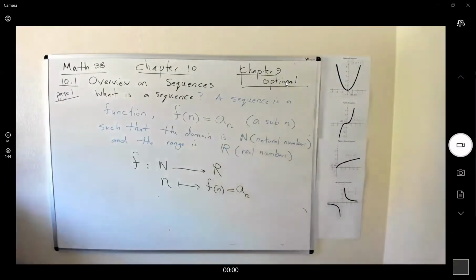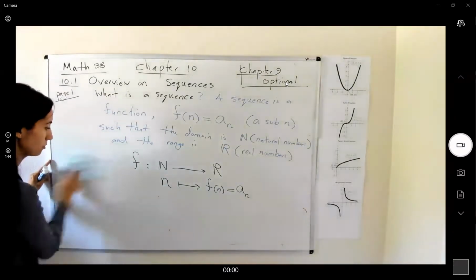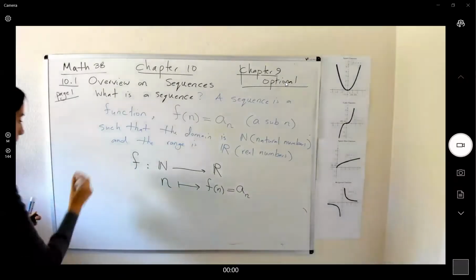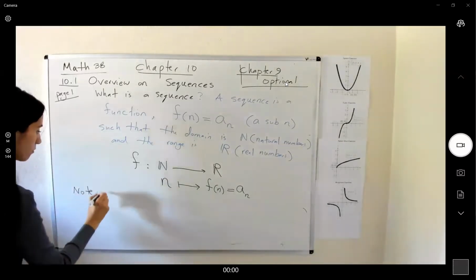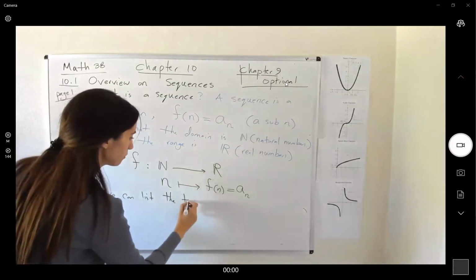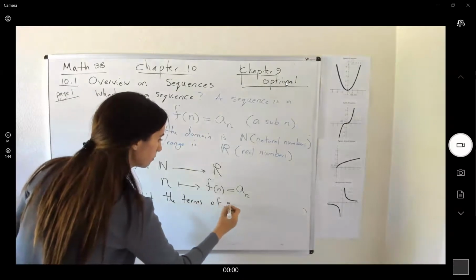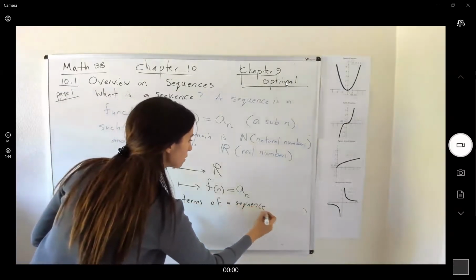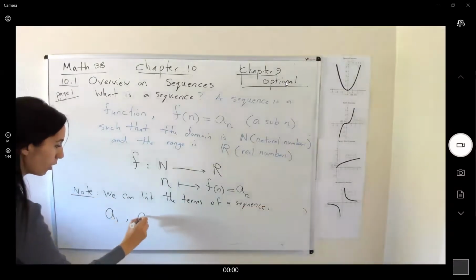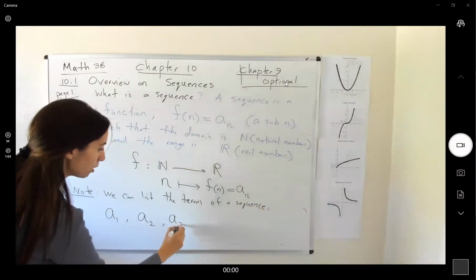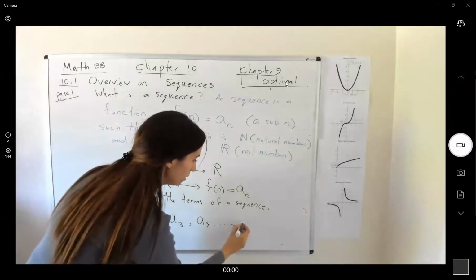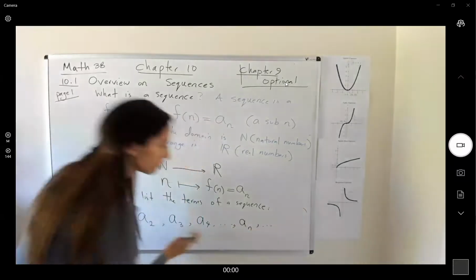Note that we can list the terms of a sequence as a sub 1, a sub 2, a sub 3, a sub 4, a sub n, and the rest of the terms.